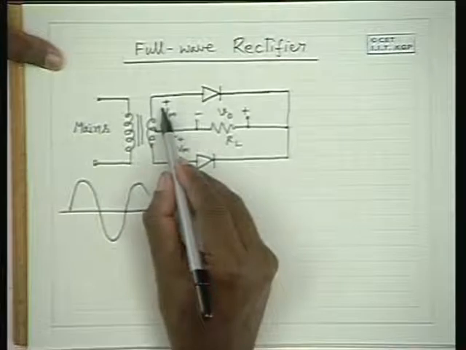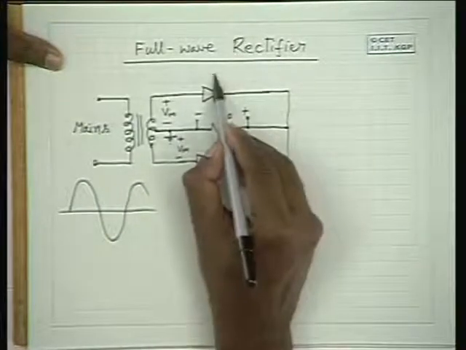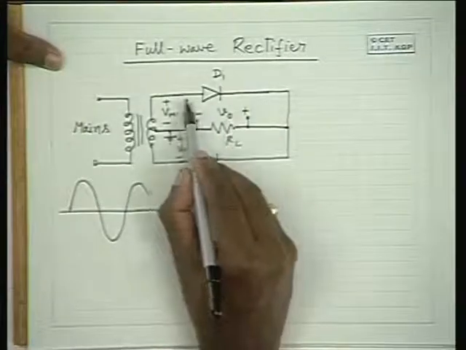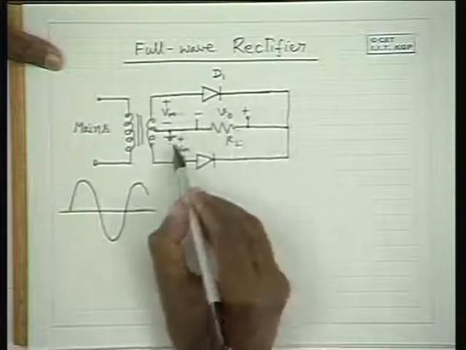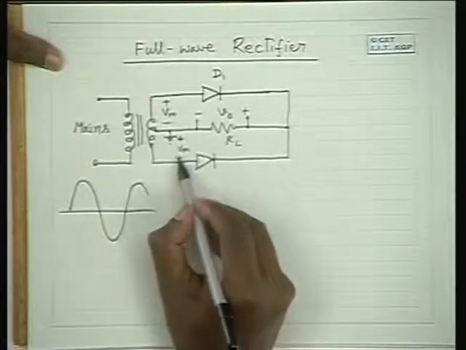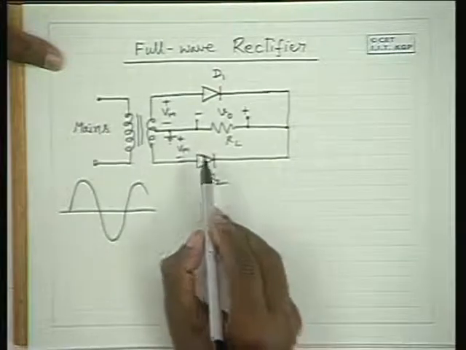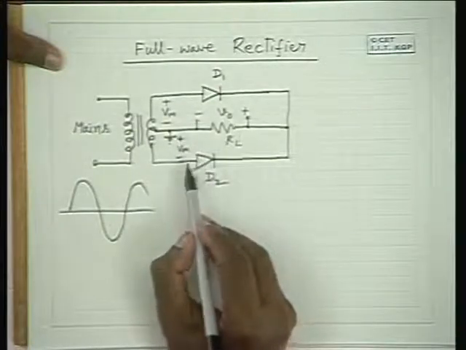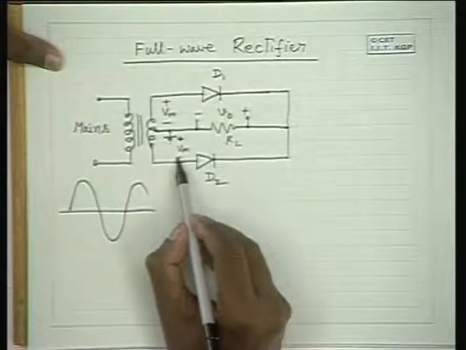Now, for the positive voltage appearing here, what happens to this diode D1? So D1 is forward biased, and with the same amount of positive voltage appearing here, what happens to D2? So D2 is reverse biased because the anode side is connected to the negative point.